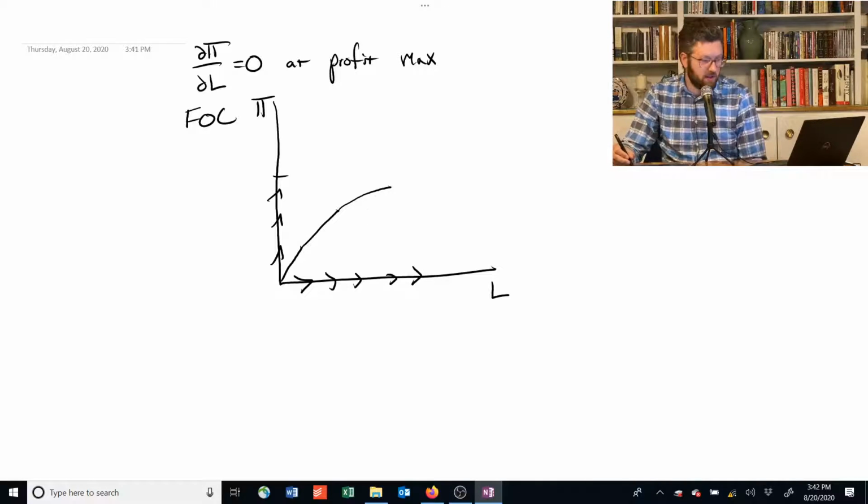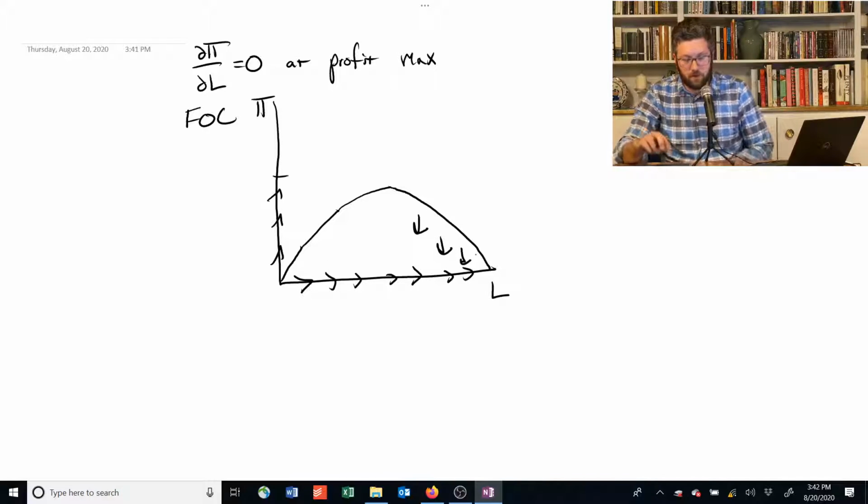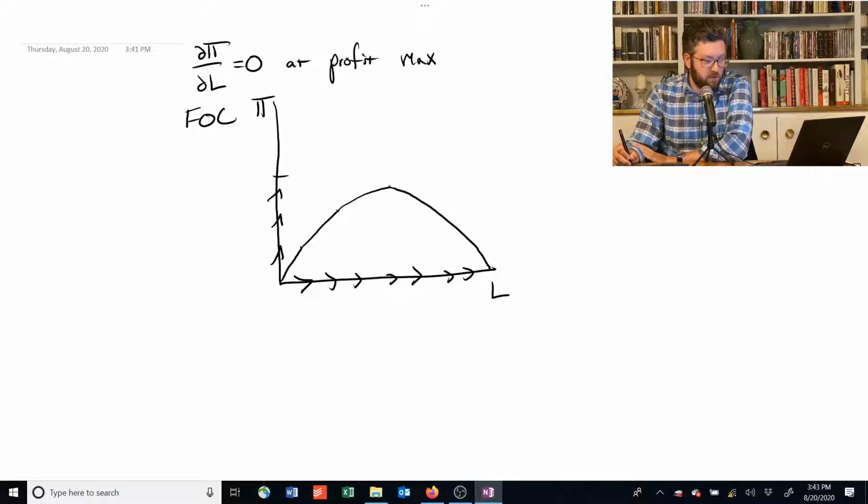So what does that look like? Something like this, okay? So now as we're increasing labor, profit keeps dropping, okay? And you can see that there's only one point here where the first order condition, so the derivative, the slope of this function, is only equal to 0 here. It's only totally flat there.